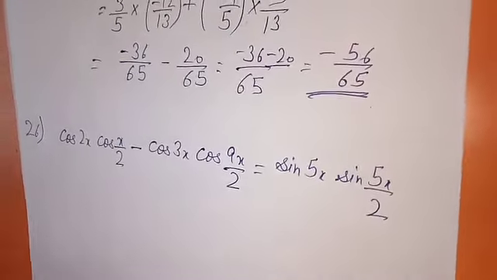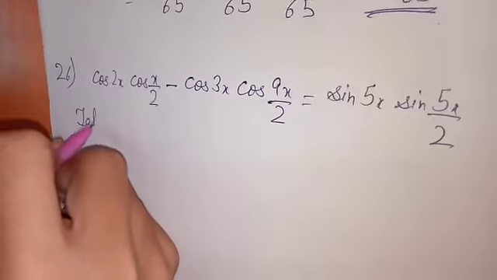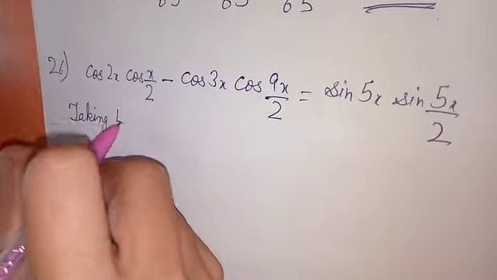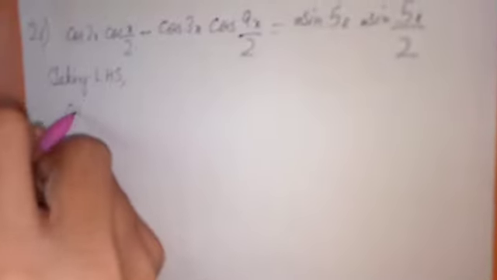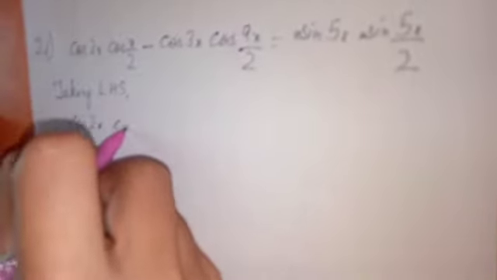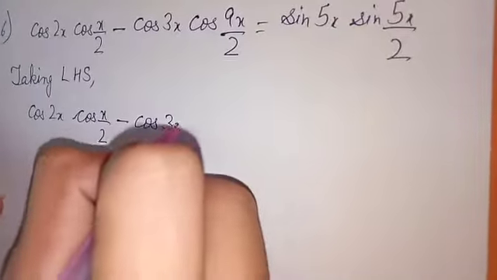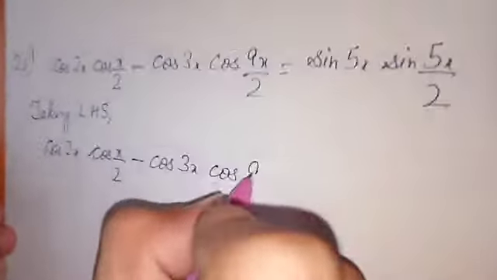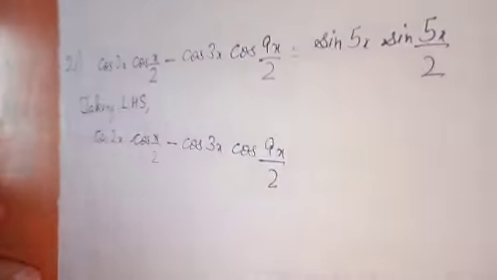So first of all, taking the left hand side, our left hand side is cos 2x into cos x by 2 minus cos 3x into cos 9x by 2.